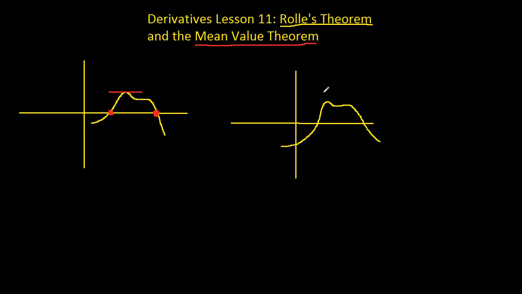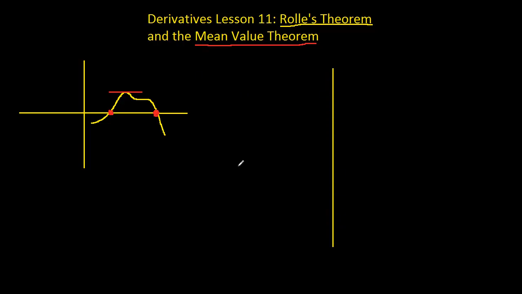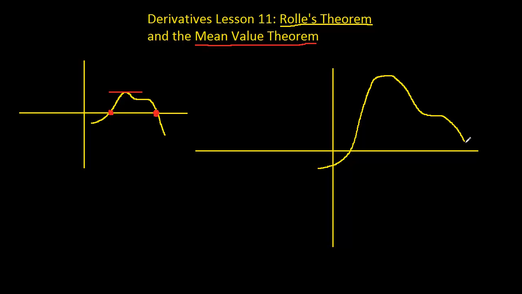The mean value theorem says that between 2 points, actually, we'll be better off doing an exaggerated graph here. If we go between 2 points like this, we pick 2 points on the graph. Let's say this one, I'll go blue maybe.